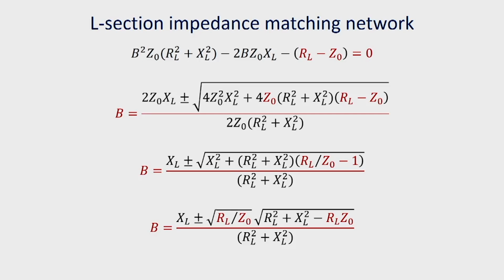So, when R L is greater than Z naught, this term is always positive, because this term R L Z naught will be less than R L square.